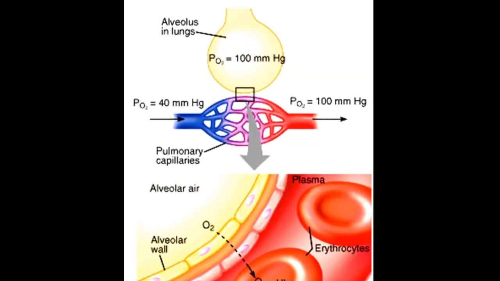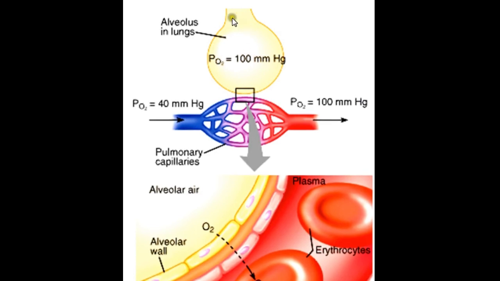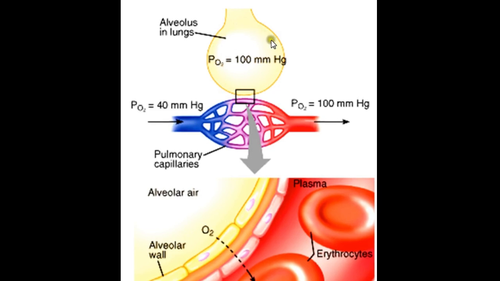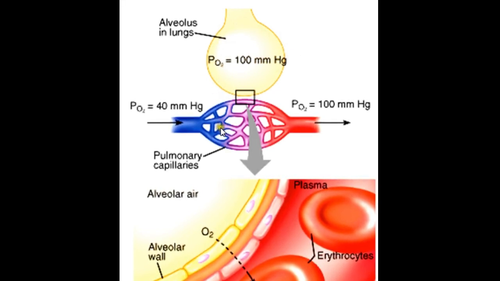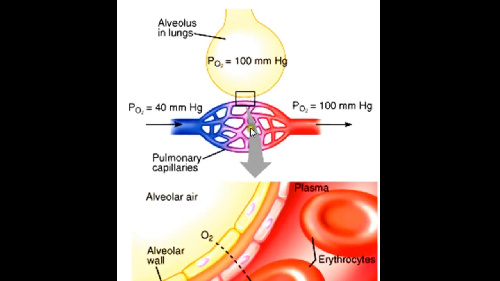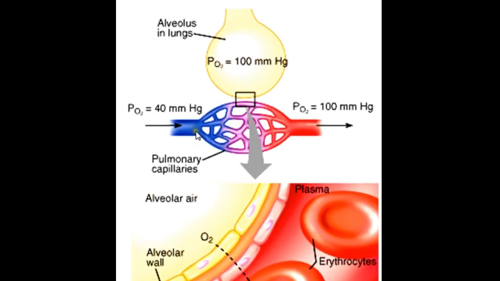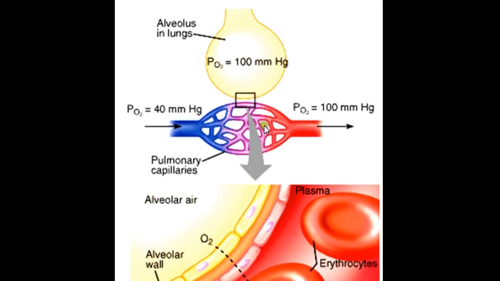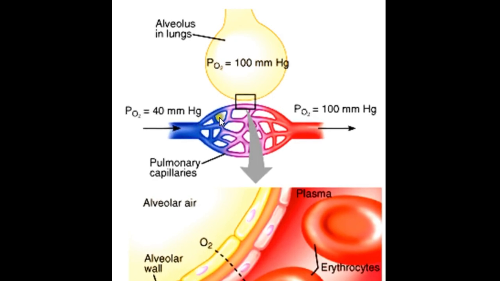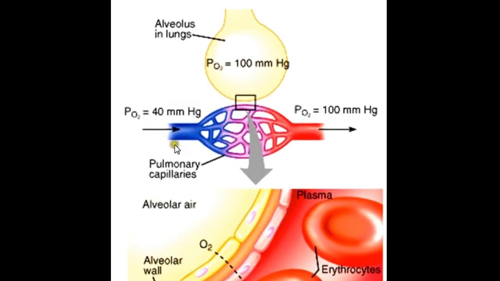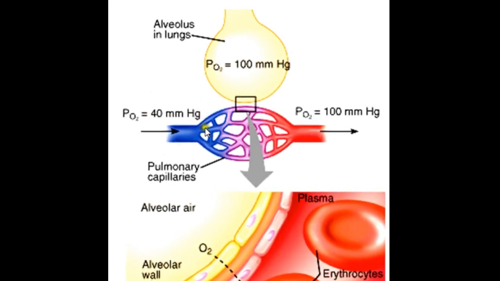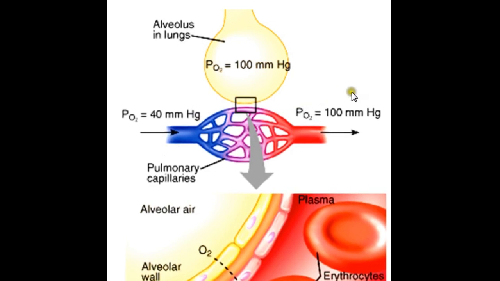Now, at the lung level, what happens? As I already told you, the partial pressure of oxygen in the alveoli is 100 mmHg. Now, the blood that is coming for oxygenation to the lungs, remember, comes through the pulmonary capillaries. If you see over here, this end of the pulmonary capillary is called the arterial end, and this is called the venous end.